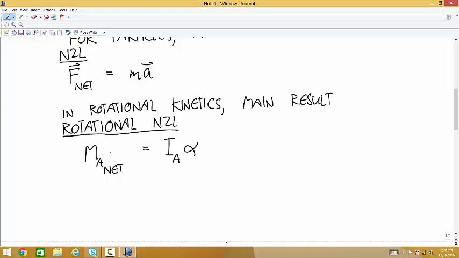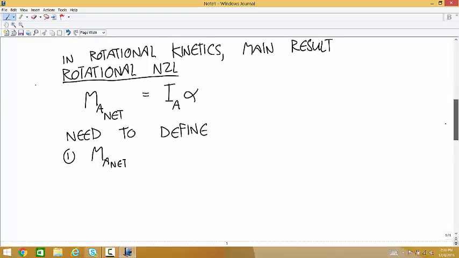So before I can talk about using this equation, I have to define those two things: the moment about an axis, and the mass moment of inertia.